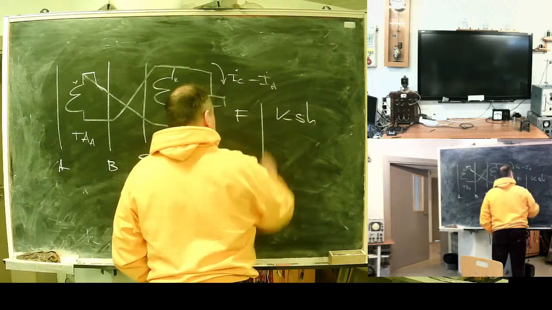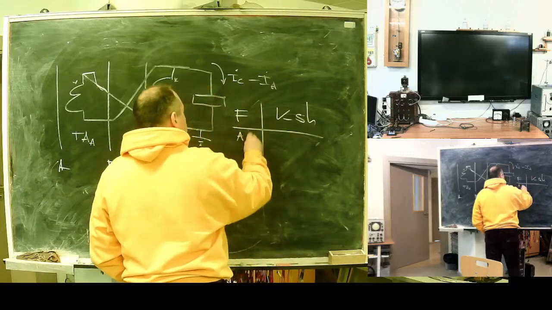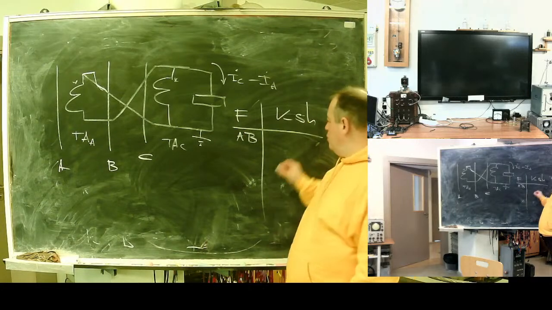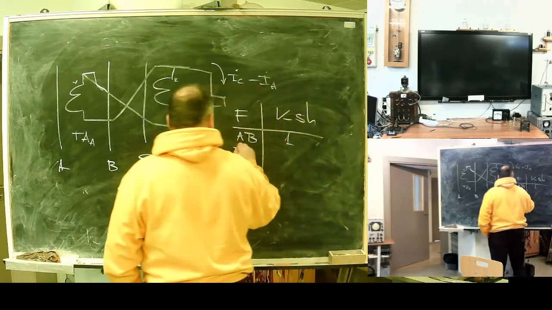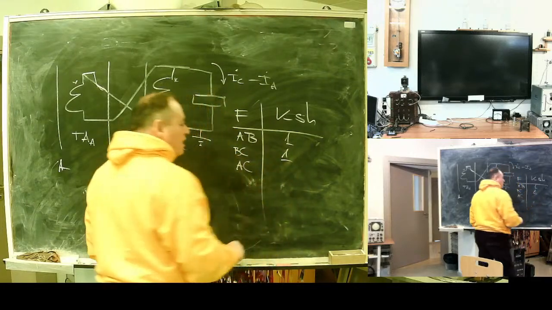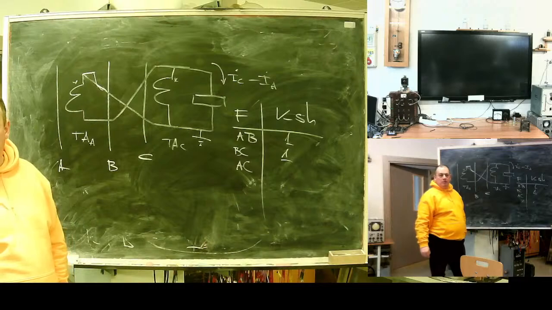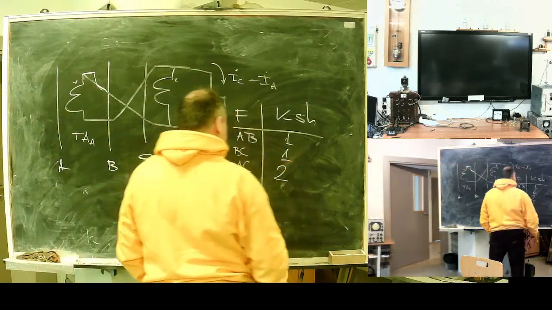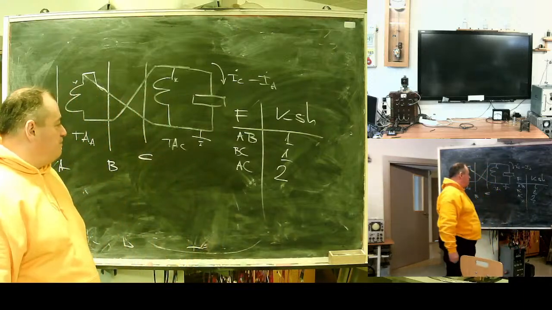Schematics factor. AB. What will be the schematics factor? 1. BC 1. AC, and it will be 2. Difference, vectorial difference.